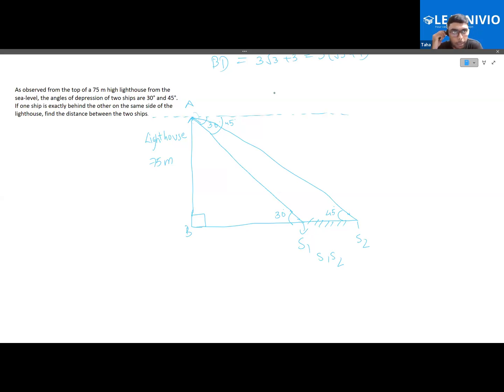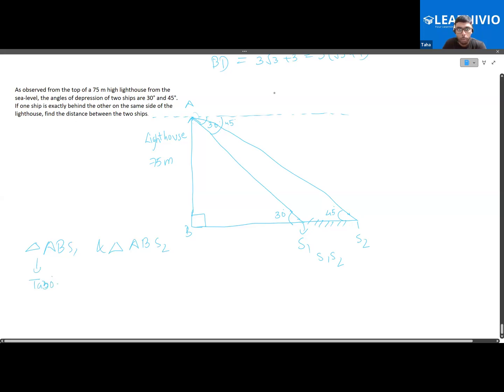If one ship is exactly behind the other on the same side of the lighthouse, find the distance between the two ships. All right, let's see. We have triangle ABS1 and triangle ABS2. Okay, so in ABS1, tan 30 would be 75 by BS1, right?